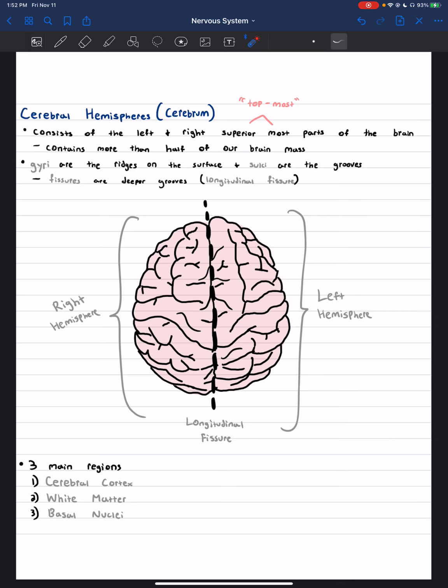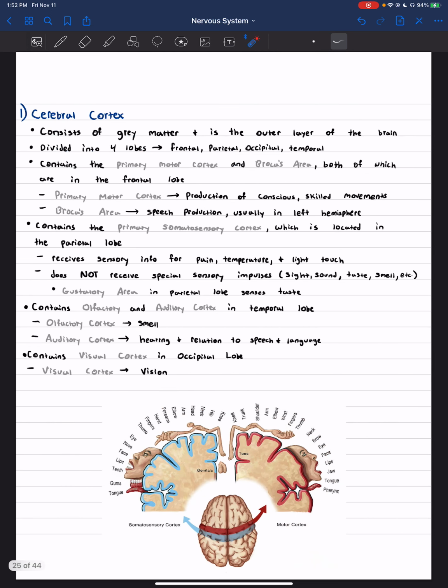Now, there are three main regions in your cerebral hemisphere, and the first one is the cerebral cortex, the second one is your white matter, and your third one is the basal nuclei. So, starting with the first one, we've got the cerebral cortex. This consists of gray matter and is the outer layer of the skin.